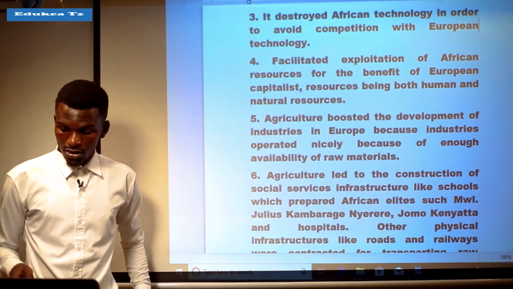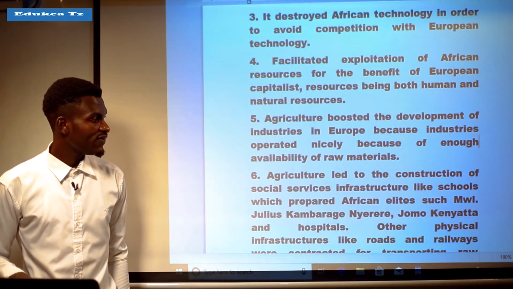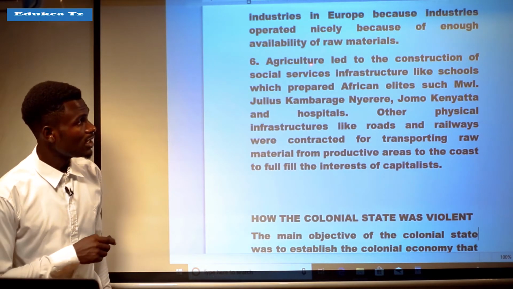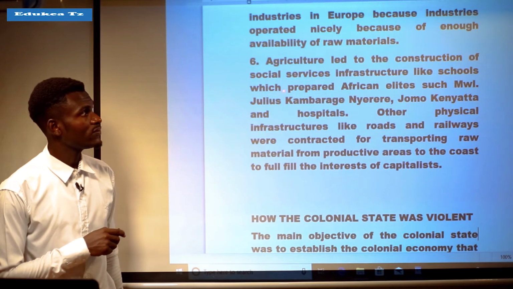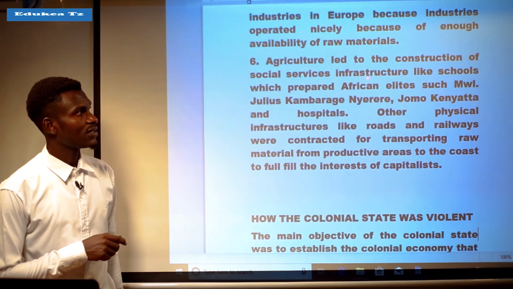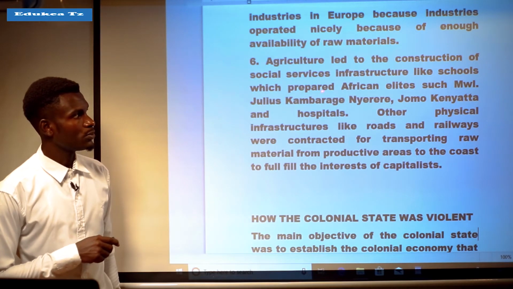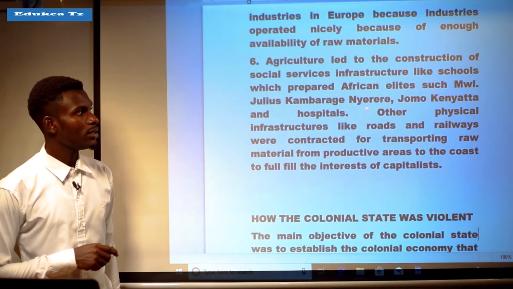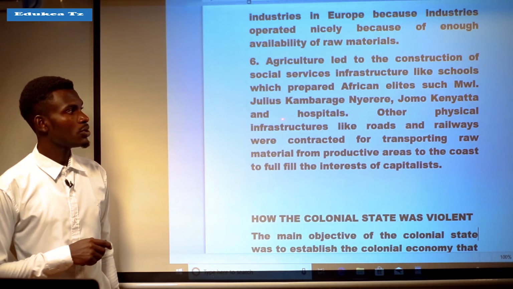Another significance of agriculture during the colonial economy was that agriculture led to the construction of social services infrastructure like schools, which prepared African elites such as Mwalimu Julius Kambarage Nyerere, Jomo Kenyatta, and Kwame Nkrumah, and the hospitals.